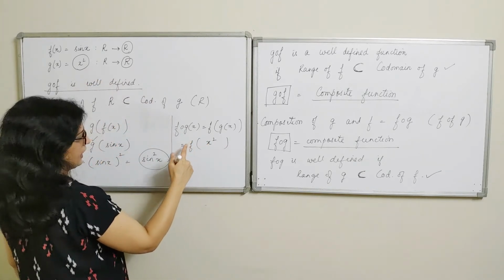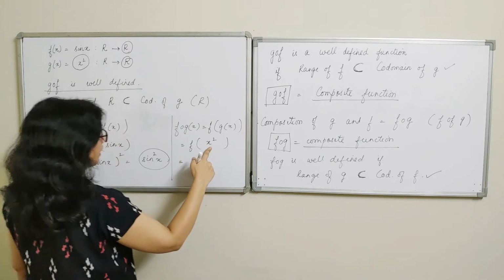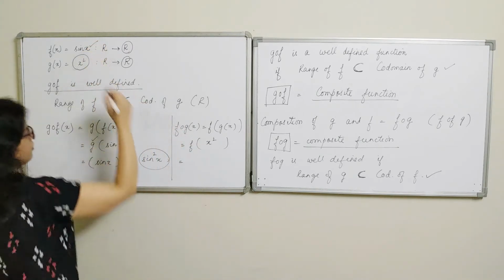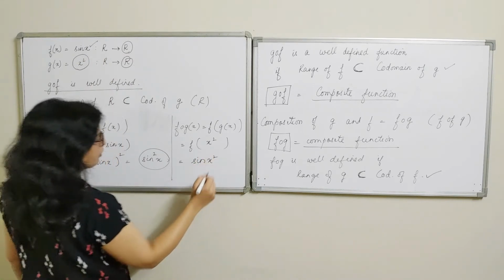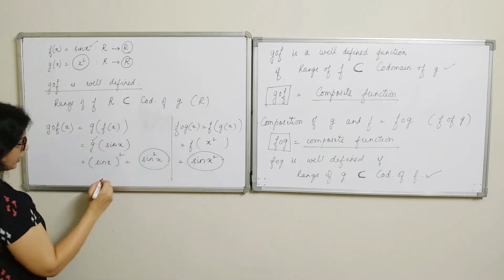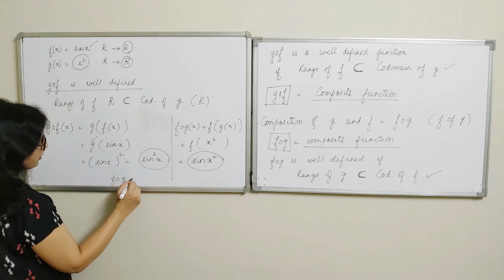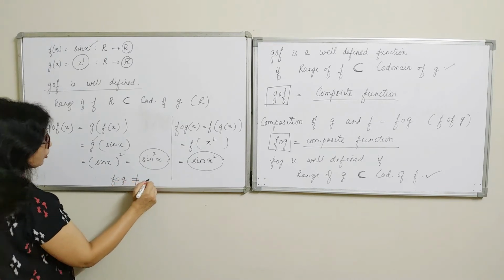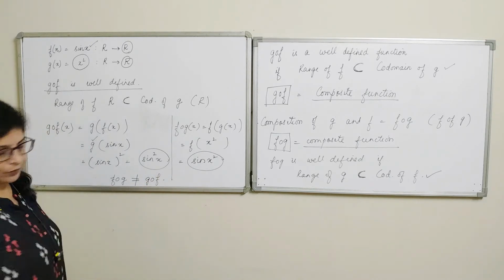This means that in the function f, the new variable is not x, it is x square. So the function f is sin x. Instead of x, we write down x square. So this is another composite function. So in general, composite functions are not commutative. That means the fog function will not be equal to the gof function.